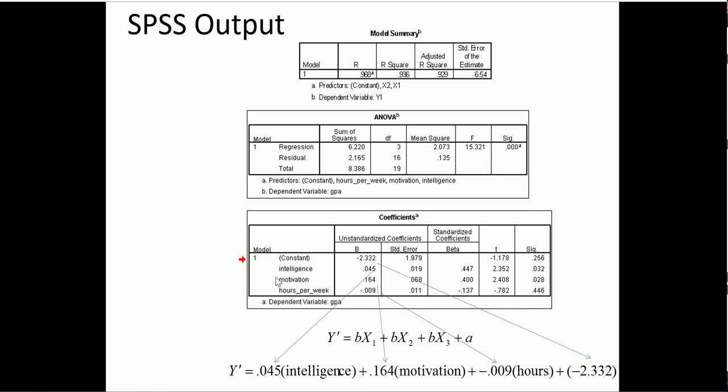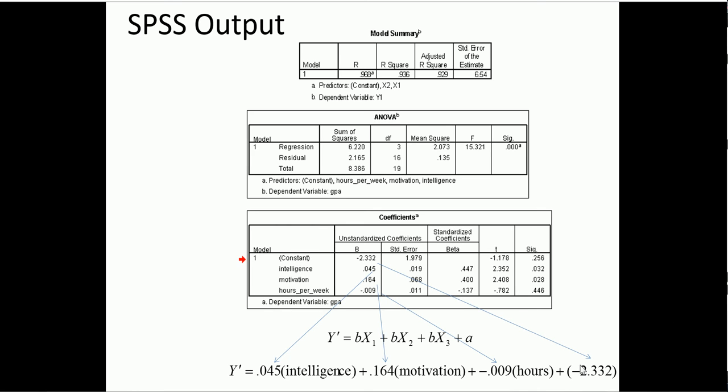It was essentially zero. Here we can see how these coefficients might be plugged into the equation. We have y prime, which is our predicted score, equals 0.045, our unstandardized coefficient for intelligence, plus 0.164, our unstandardized regression coefficient for motivation, plus, even though this is kind of a useless coefficient, I'm going to add it into the equation so you can see where it comes from, negative 0.009, our unstandardized regression coefficient for number of hours worked.